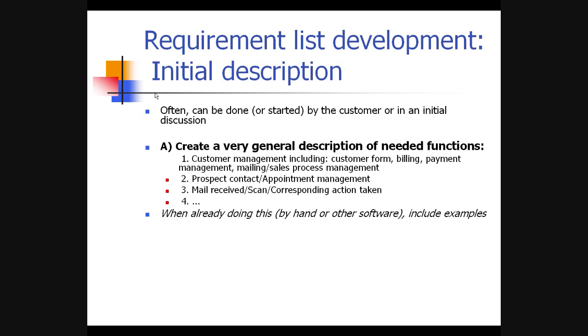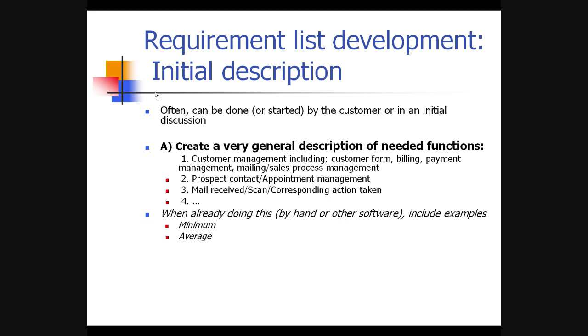So ask for a practical example. Ask for a minimum example, for example an invoice with just one item on it. An average example: ask them, okay, generally your invoices are what, 5, 10 items? Okay, give me one of those.